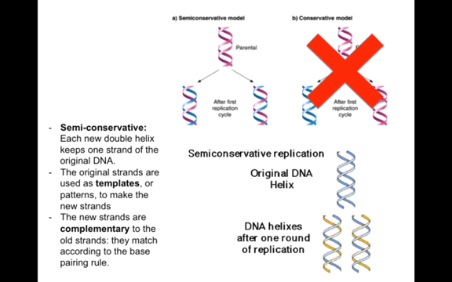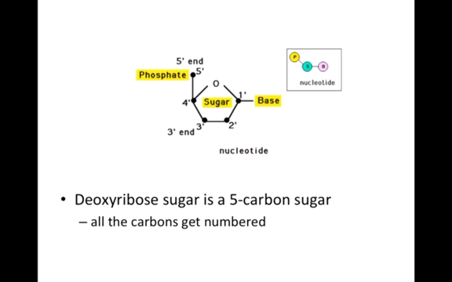All right. So we have to think back to when we learned about the structure of DNA, and the structure of a nucleotide. Right here, this is showing a nucleotide. We have our sugar, which is the deoxyribose sugar, attached to a phosphate group, and the sugar is also attached to a nitrogen base.